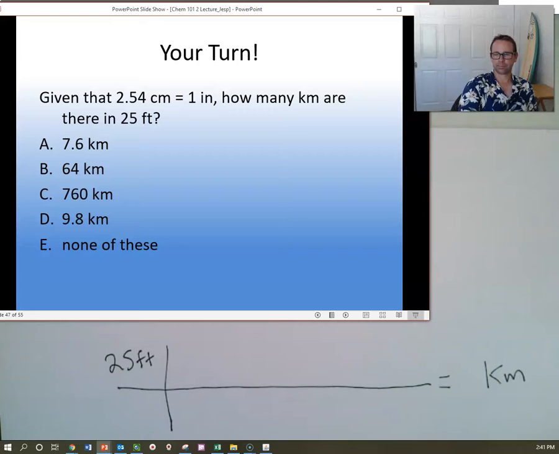I gotta stop you here, because I also have an impulse when I read that problem to say, oh, I set this up wrong. Do I want to put feet at the right side of the equal sign?